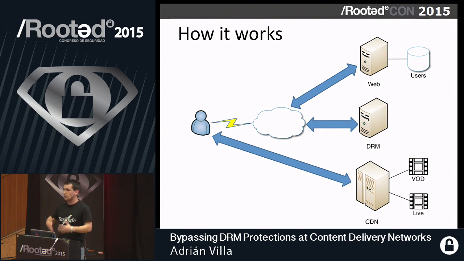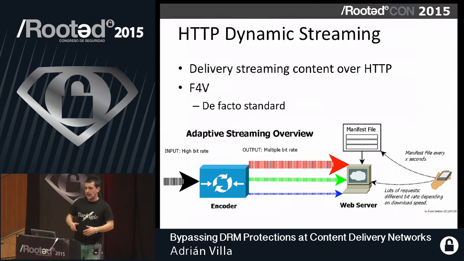Okay, what about video streaming? How does it work? For this streaming, HTTP dynamic streaming is used, which allows you to stream multimedia content through HTTP protocols. Then a de facto standard is used, the name of it is F4V.